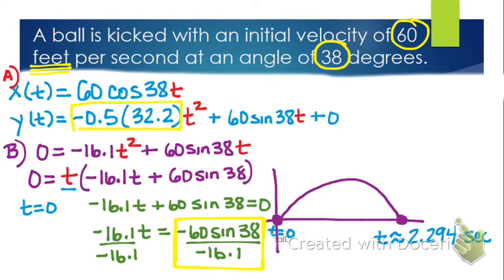Part C says find the horizontal distance. So now I'm going to use my x parametric equation, my x parameter.